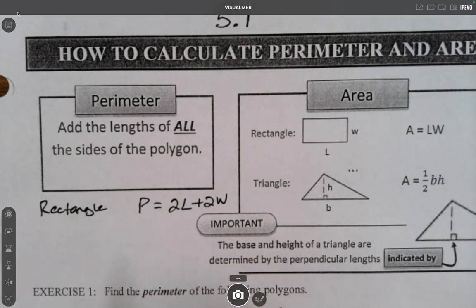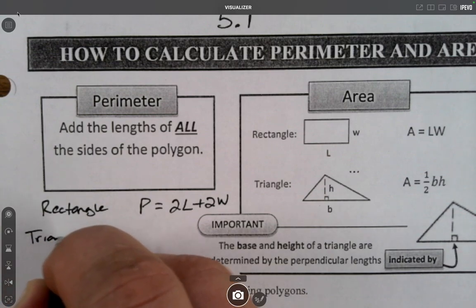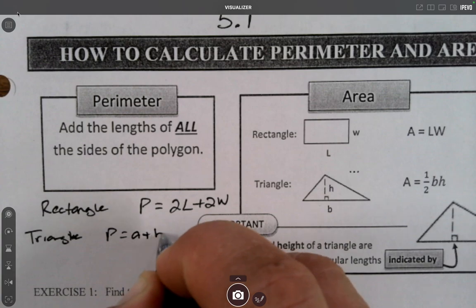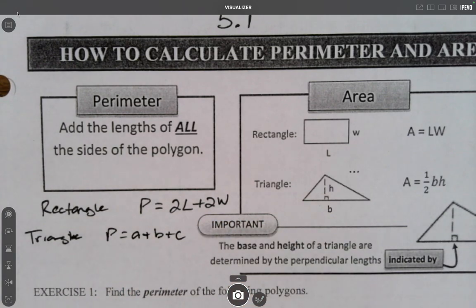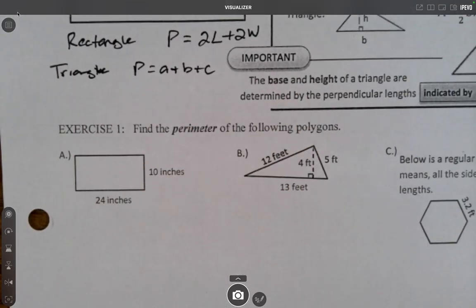I'll also provide this formula when a quiz or test comes. For a triangle, the perimeter is A plus B plus C. So we'll use that in some of these down here.